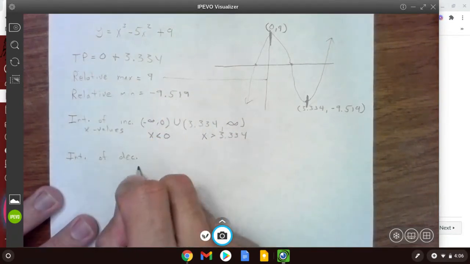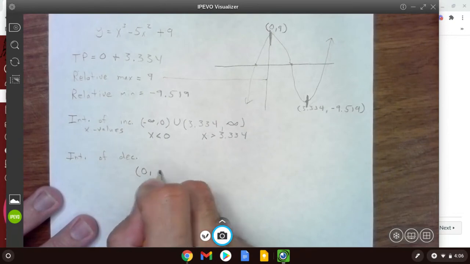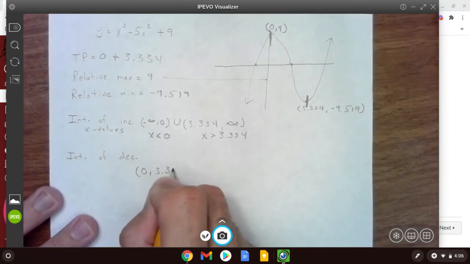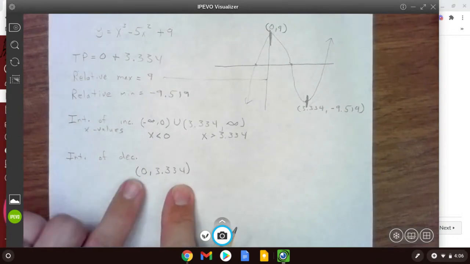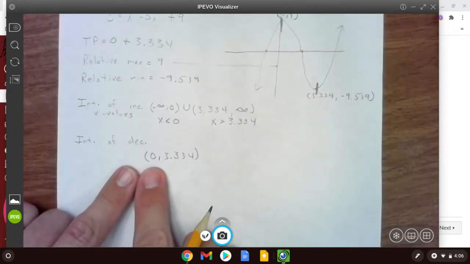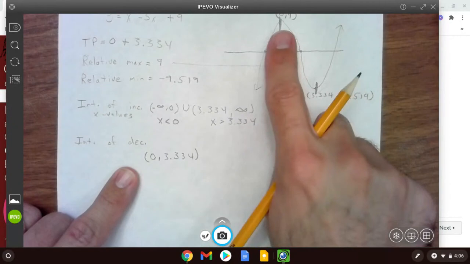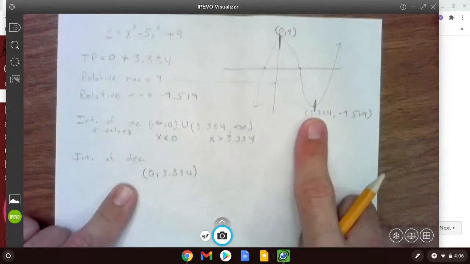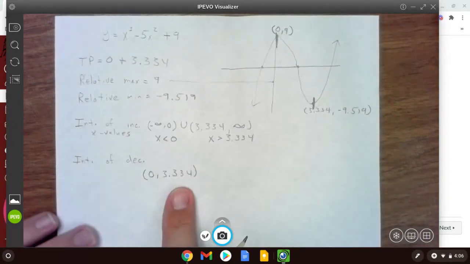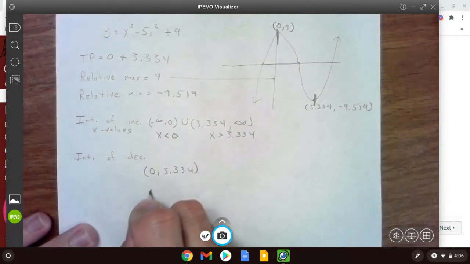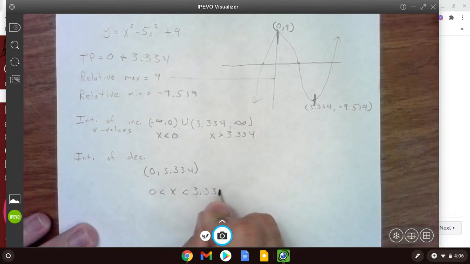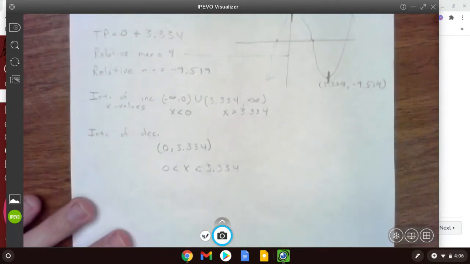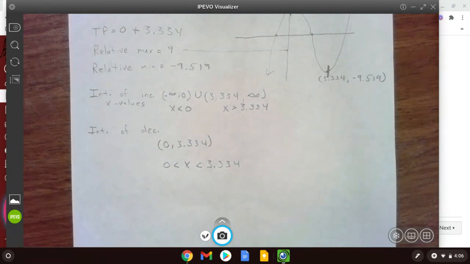So here it's going to be 0 to 3.334. That's not a point, that's an interval. For all the numbers from 0 to 3.3, this thing is going downhill. For the inequality notation, it would be 0 is less than x is less than 3.33. I think that covers it for this one.